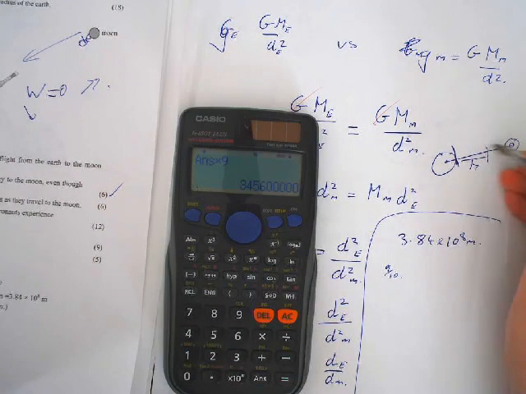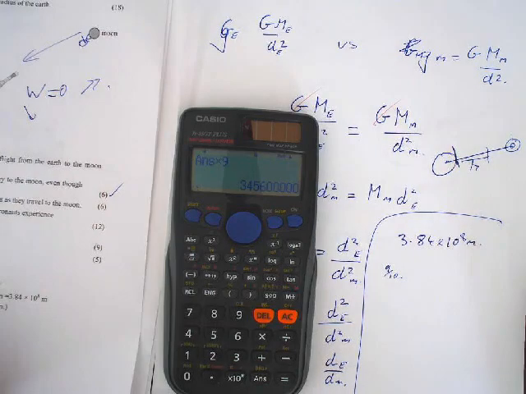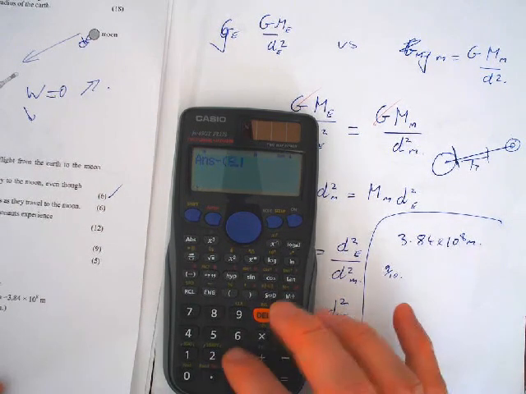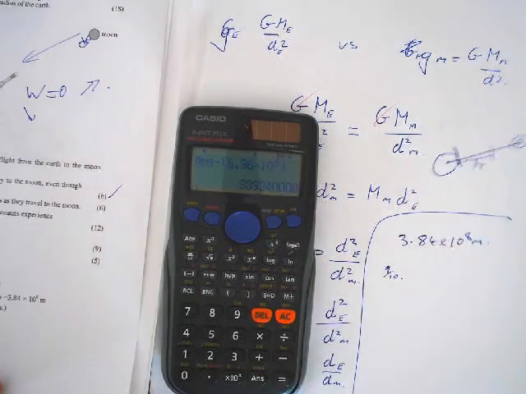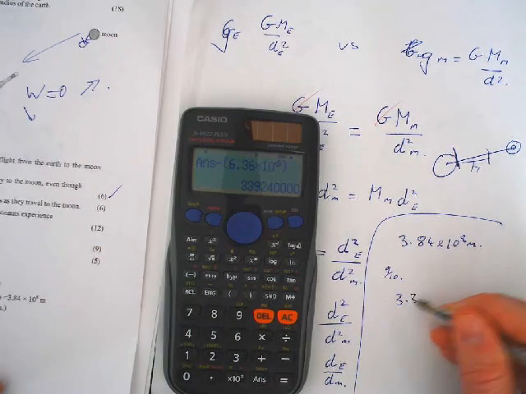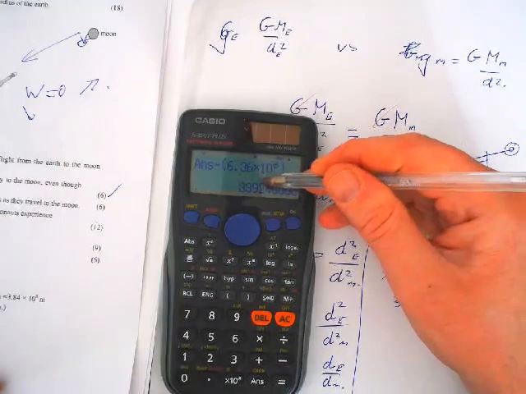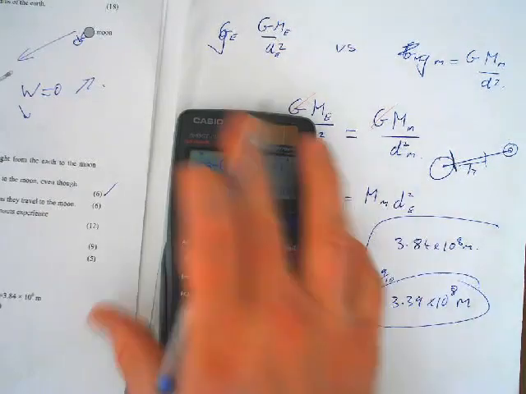So let's put the number into the calculator first. 3.84 times 10 to the 8. Let's divide that by 10, multiply by 9. So that's the distance we'd be from the center of the Earth, but we need to also subtract the radius of the Earth. So that's minus the radius of the Earth, I'm going to put it in brackets, is 6.36 times 10 to the 6.